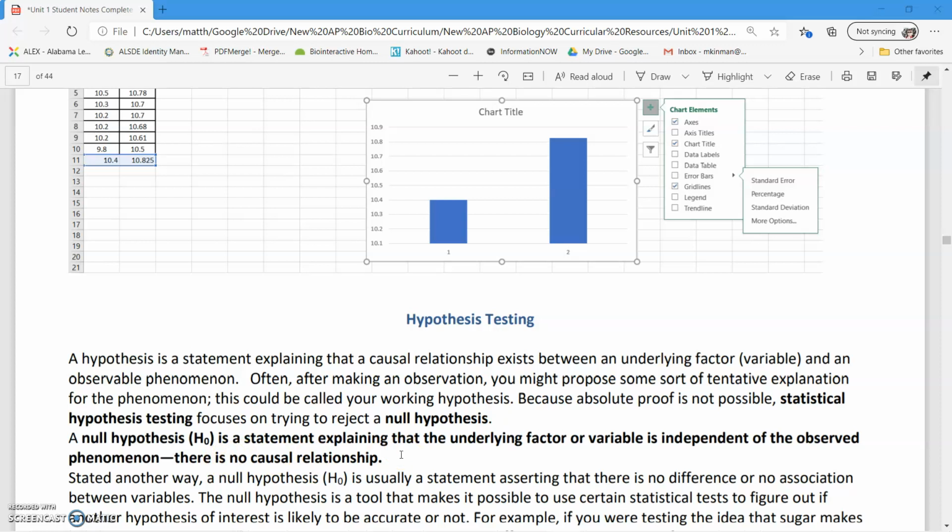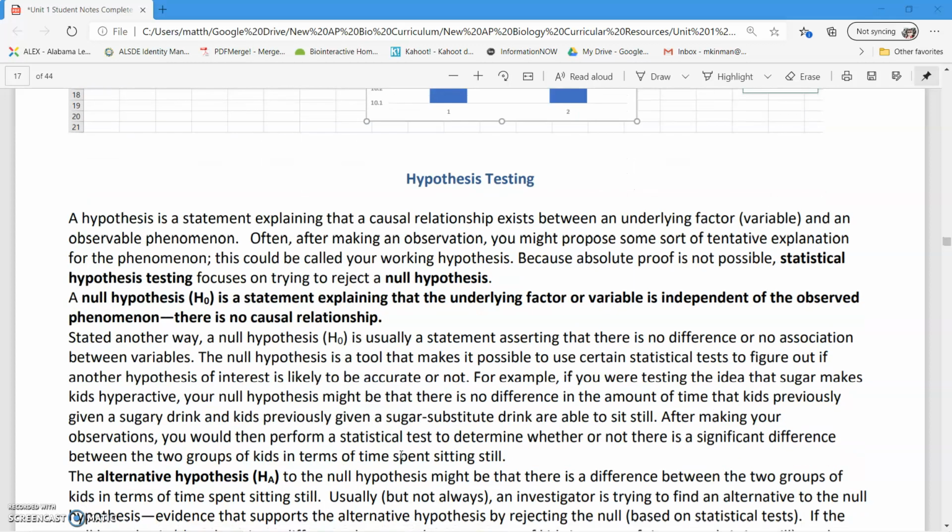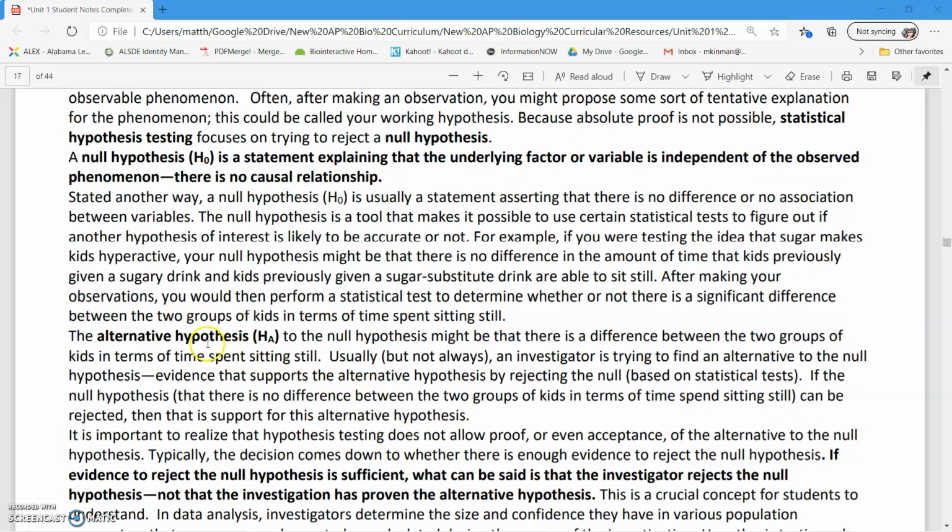They're not actively choosing a side for any other reason, it's just chance or error while there's any difference in the means. And the alternative hypothesis is saying that there is a difference between the two groups. So that would be that the pill bugs are choosing, let's say, the wet side over the dry side. So that would be your alternative hypothesis.